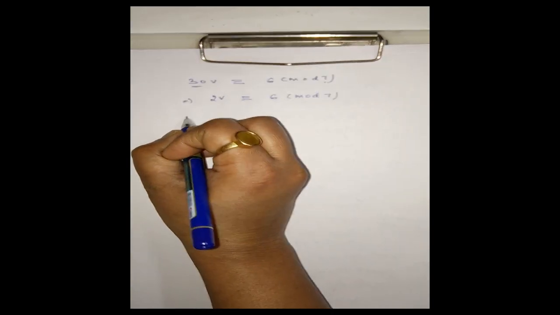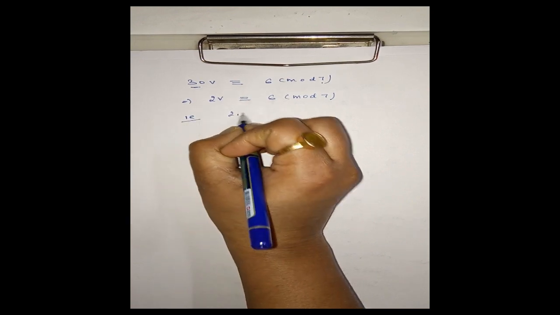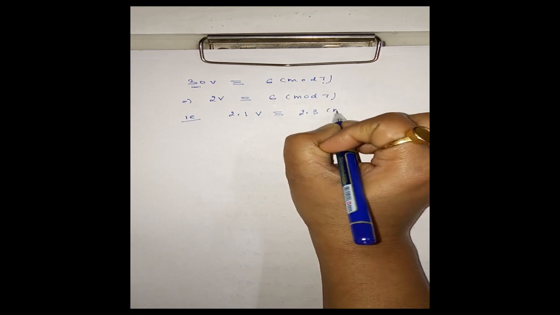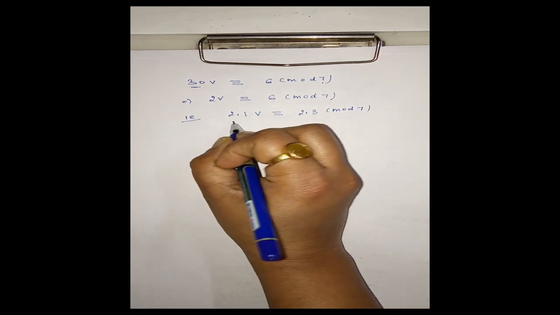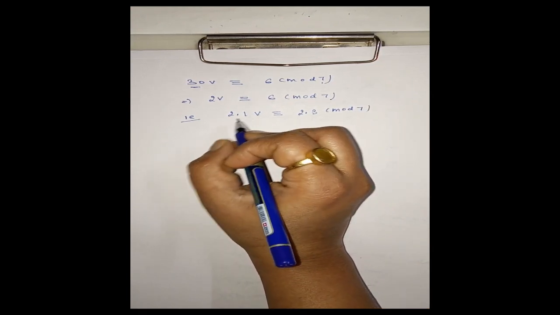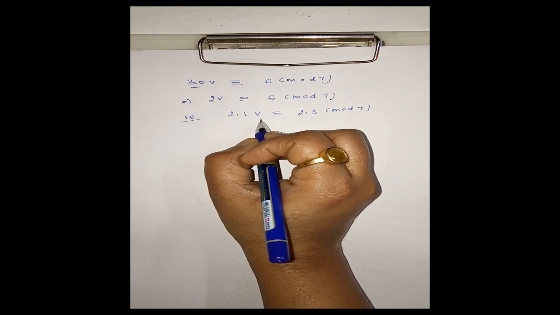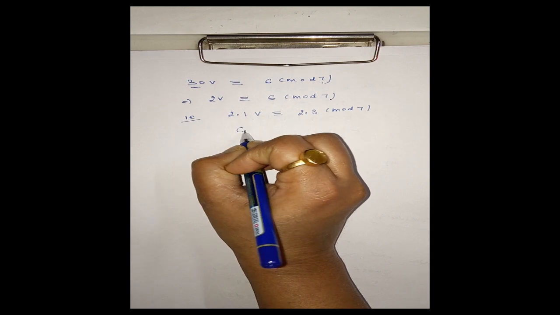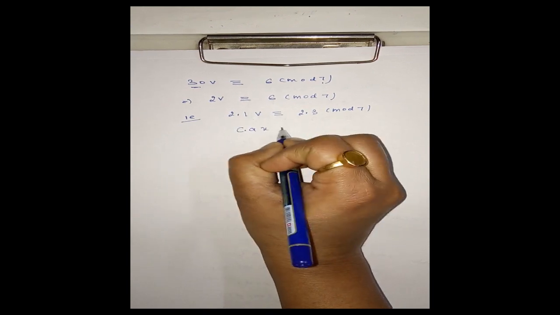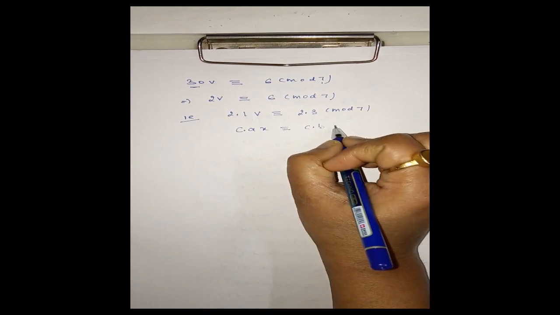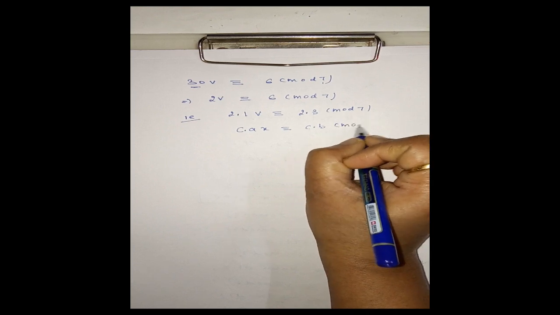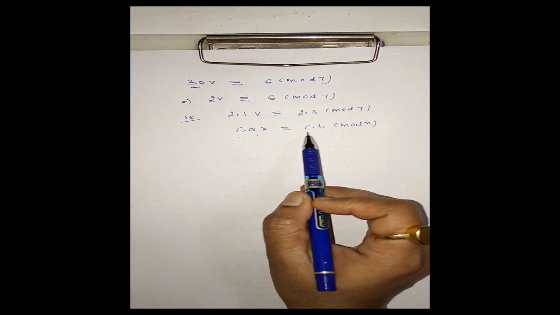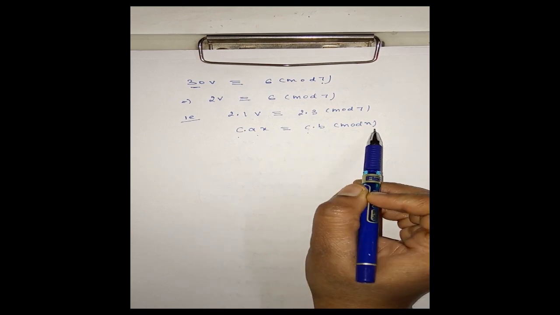Now this is 2 into 1 into v is congruent to 2 into 3 modulo 7. This is of the form CAx is congruent to CB modulo n.